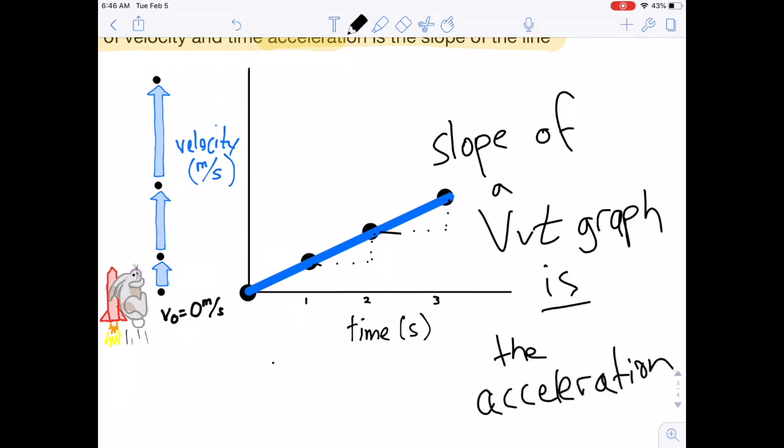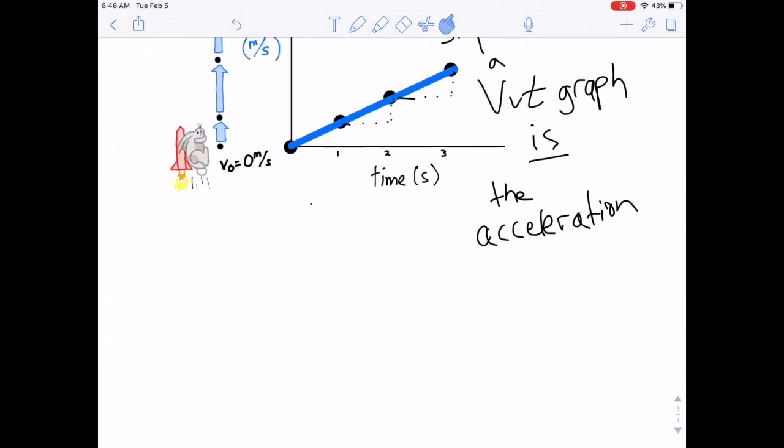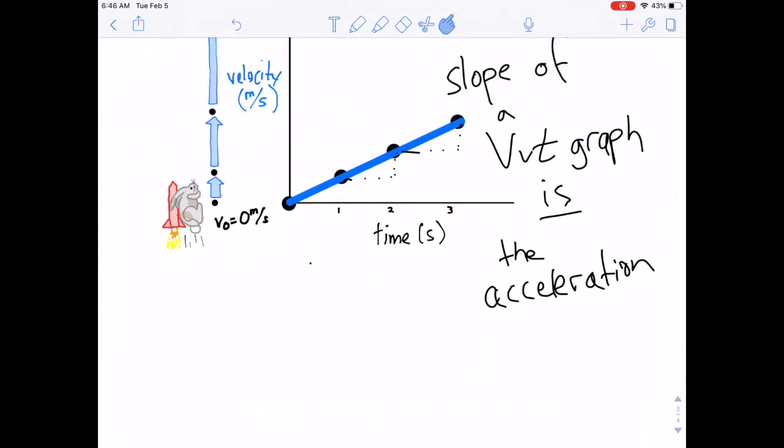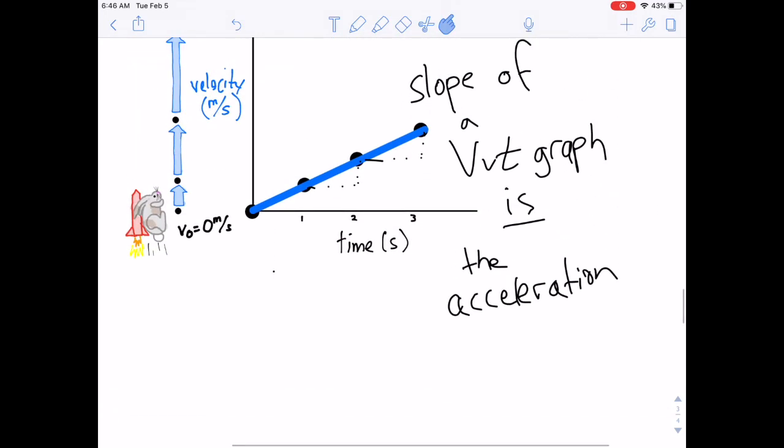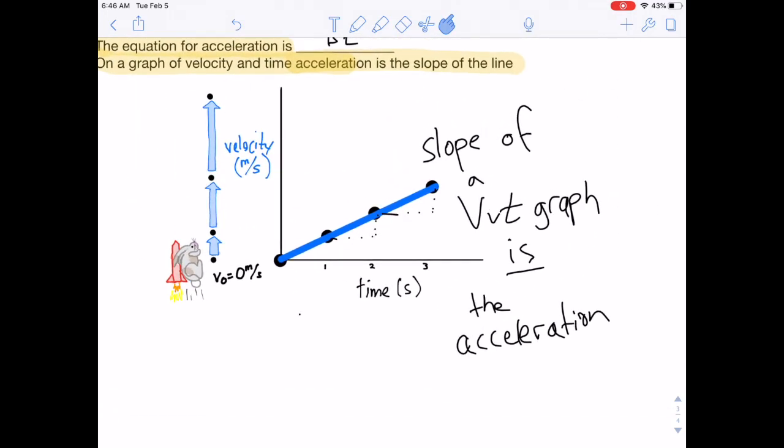And there's a symbol that we use for acceleration. It's A. So the slope is A. I love it. So that's all I want you all to think about.